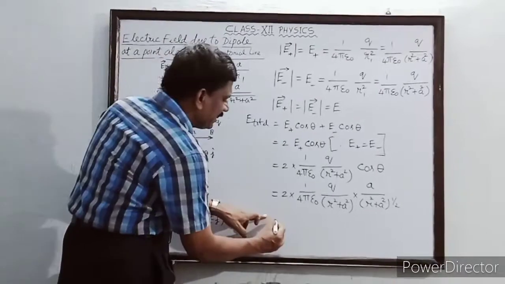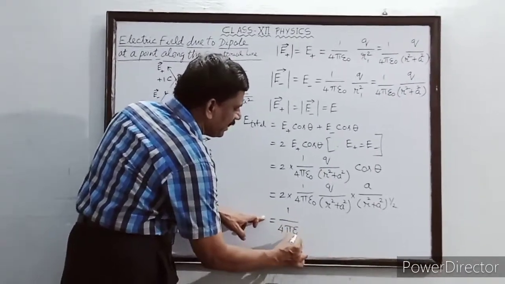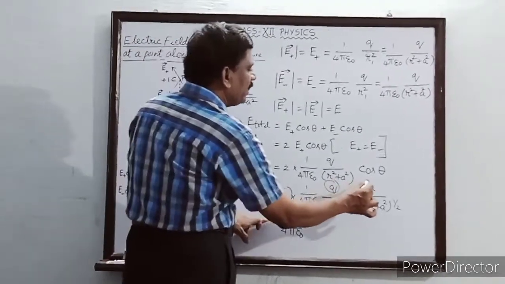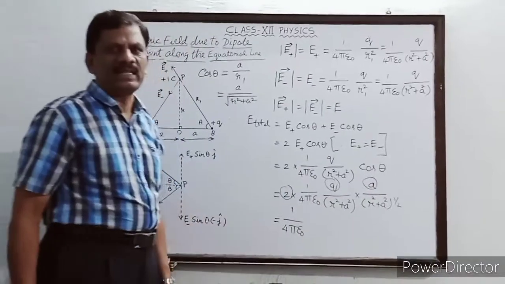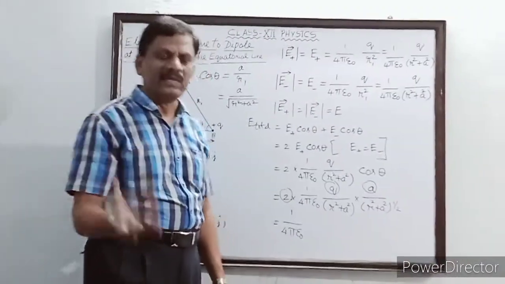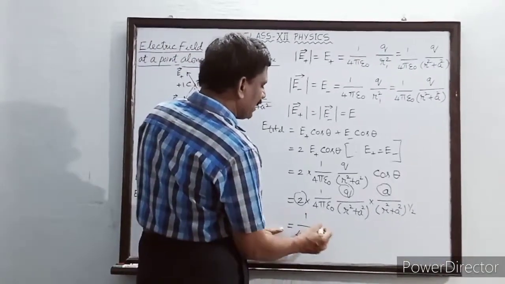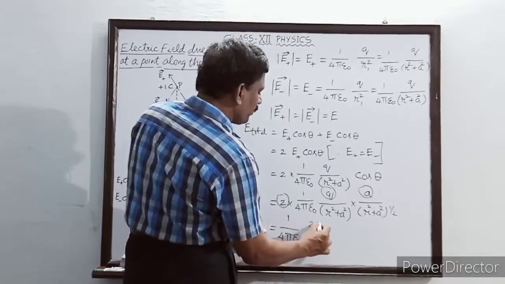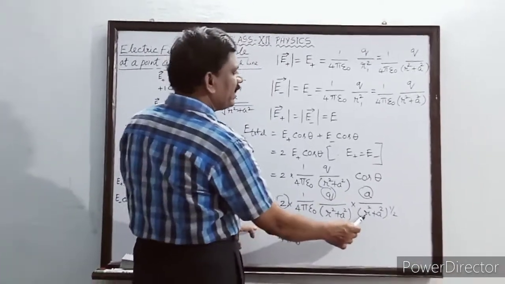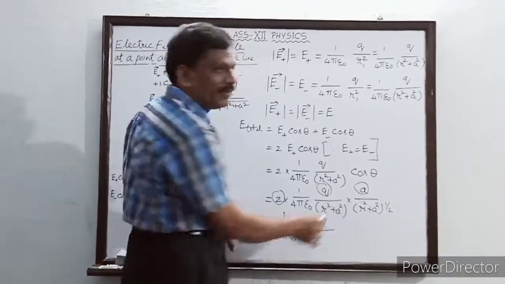Now I am readjusting the terms. So this is equal to 1 by 4 pi epsilon naught. This term 2, this Q and A can be grouped together as 2AQ, that is equal to P, once again the dipole moment. So 1 by 4 pi epsilon naught into 2AQ divided by R square plus A square whole power half times R square plus A square whole power 1.